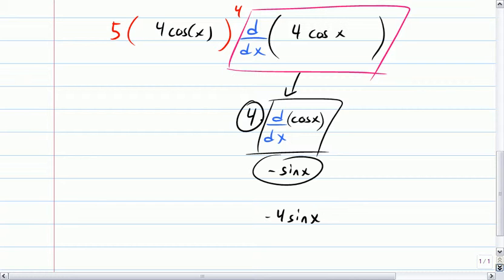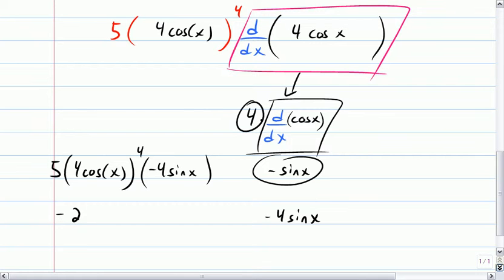So this has got a little bit of a mess here, but I have 5 times 4 cosine x to the 4th times negative 4 sine x. Or I guess you could write it as negative 20 sine x times 4 cosine x to the 4th.